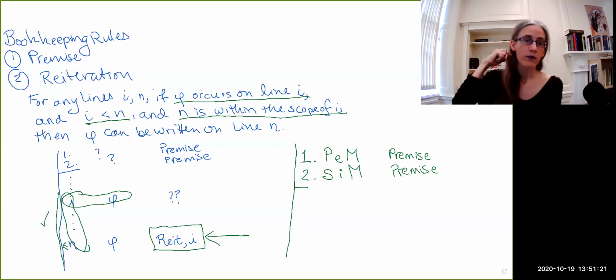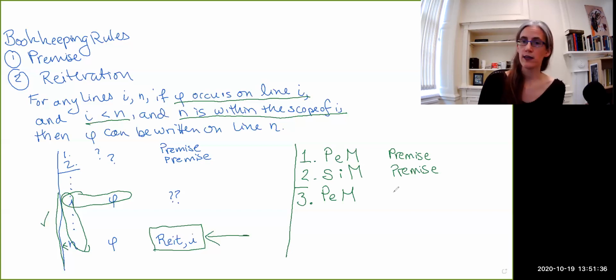And now reiteration says, if I have a formula on a line and it's on the same scope as a later line in the proof, then I can write that down again. So this would be reiteration of line 1.